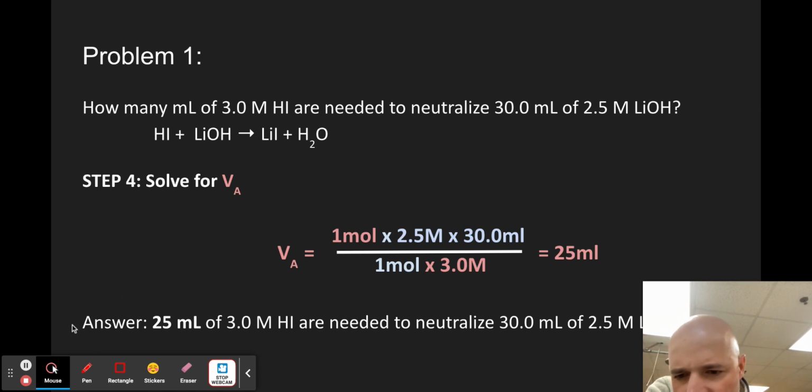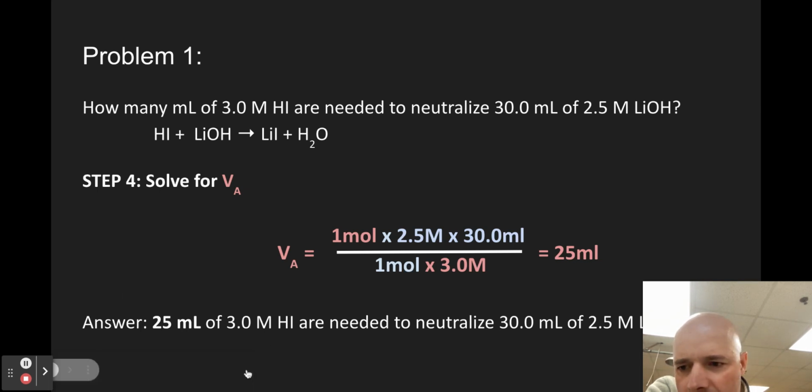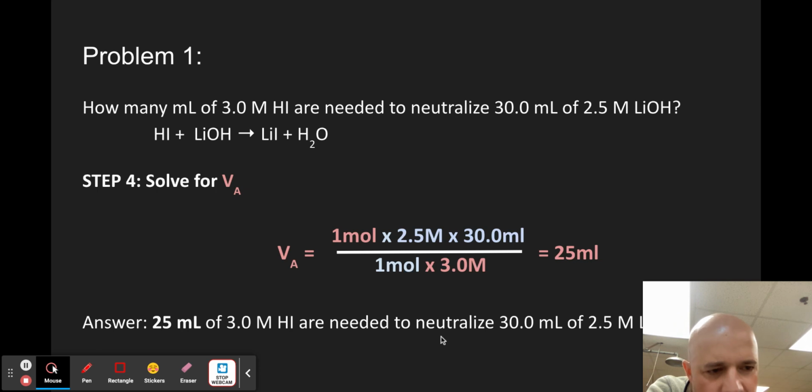And once you have that, if you're not comfortable with this, you can, of course, plug in and solve for VA as your X. But this is what you should have in the end. And that would give you 25 milliliters. So this is just basic algebra that you should be able to do on your own.